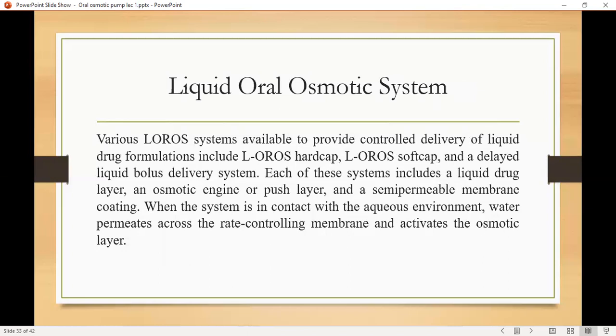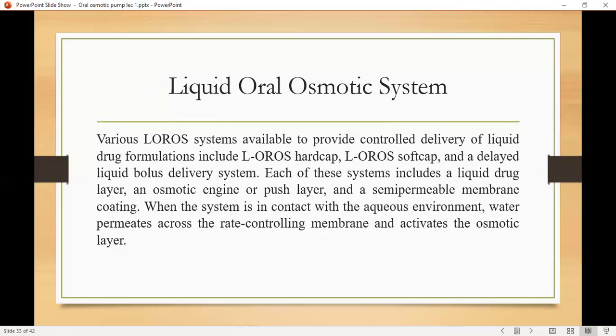Now, next is the liquid oral osmotic system. Various liquid oral osmotic systems available to provide controlled delivery of liquid drug formulation include LOROS, liquid oral reservoir osmotic system, hard cap and soft cap systems, and a delayed liquid bolus delivery system.